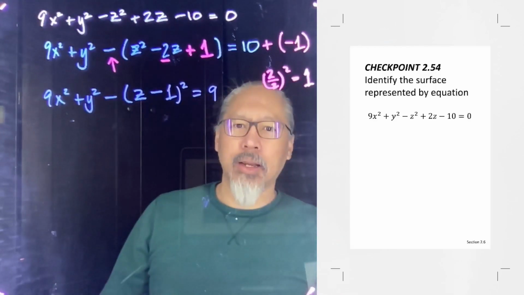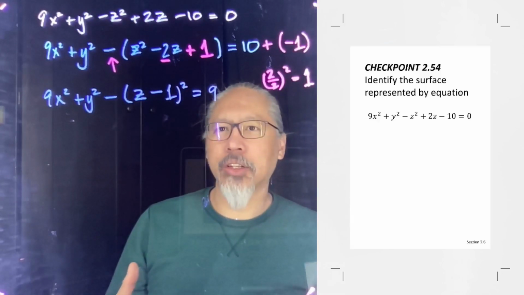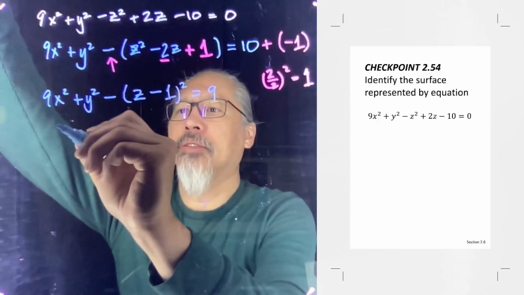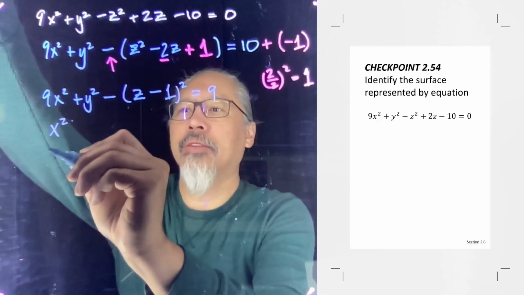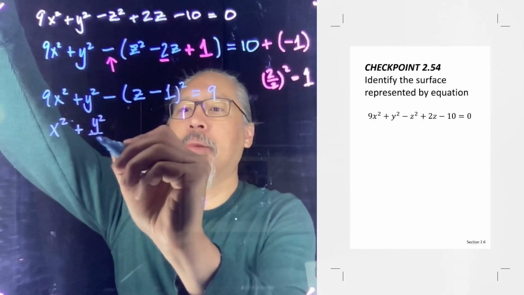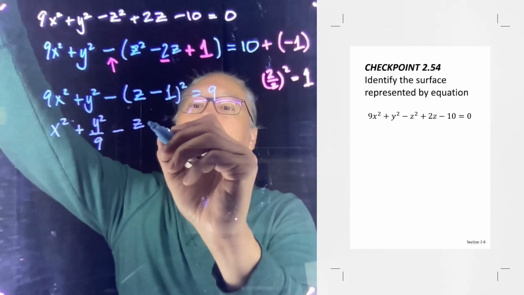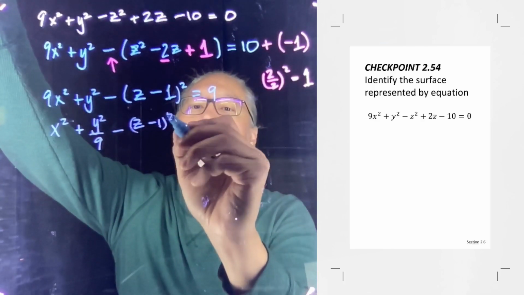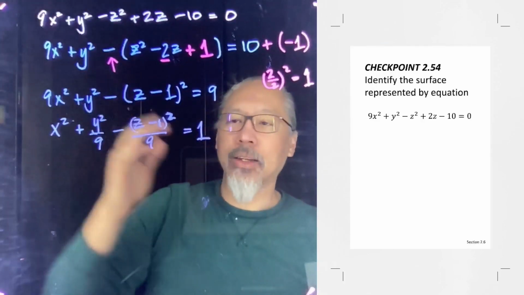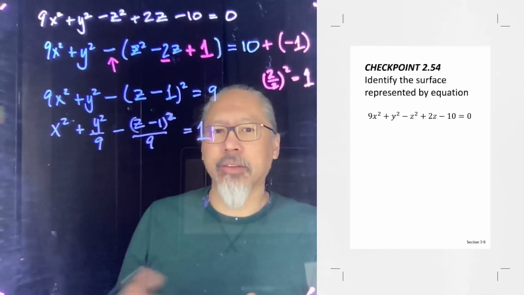To make it look like an equation in standard form, we're just going to divide through by 9. So we will have x squared, and the 9 will go away, y squared divided by 9, and z minus 1 squared divided by 9. We could look at 9 as 3 squared also, or we could just leave it like that.